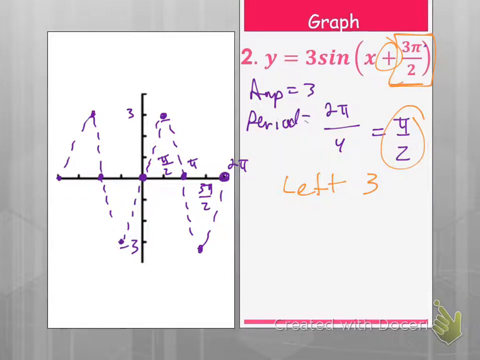So that means every point gets moved to the left 3 spots, which means that one falls off the window, that one falls out of the window, and this one falls out of the window, so you kind of lose those points. So the first one that you can actually graph is this one. It gets pulled over 1, 2, 3 spots. Now, you can pull over every other point if you want, but this is going to start following our sine pattern.